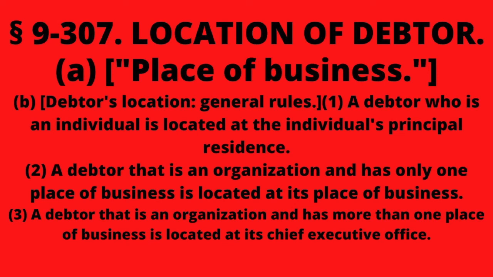Washington, D.C. is the seat of government for the United States of America. See, we've got two different seats of government here. One is for the people, the other is for the corporation.